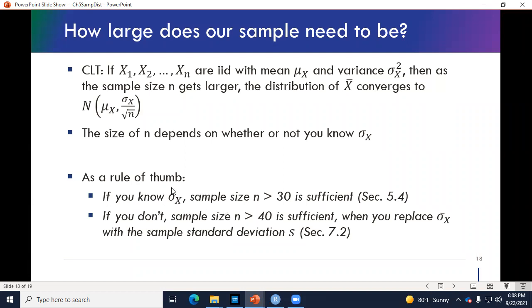If you know the standard deviation of your population, a sample size n greater than 30 would be sufficient. But if you do not know sigma x, we would need n greater than 40 in order to say that x bar follows this distribution. In this case, because we do not know sigma x, we would have to use the sample standard deviation to replace it.